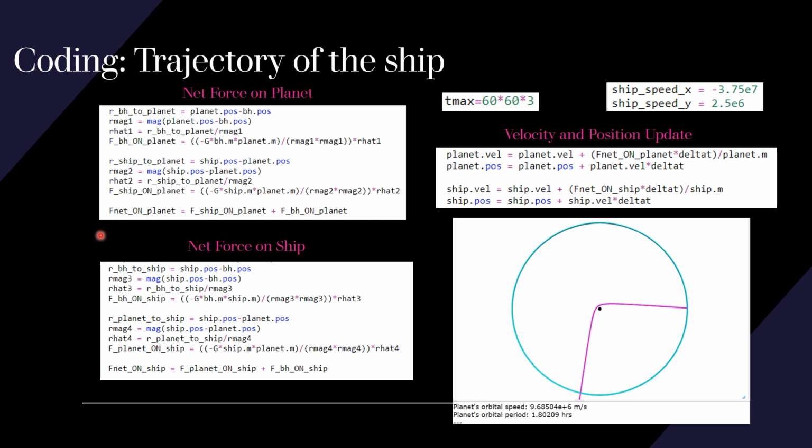And we're going to do something similar for the net force on the ship. And then for our velocity and position update, we're just going to use those equations that were shown on the last slide. And our initial speed for our ship was just found through trial and error. But after we put this into the code, this is what our picture looks like.